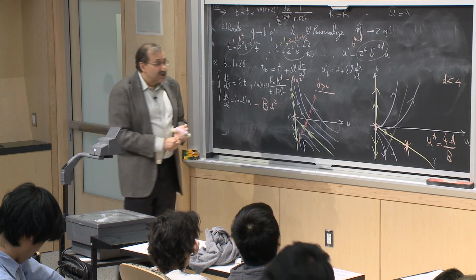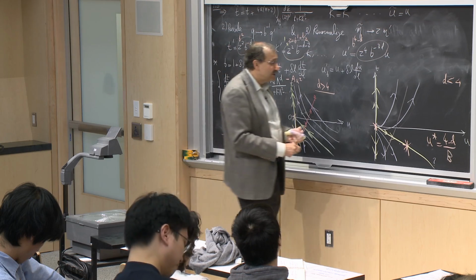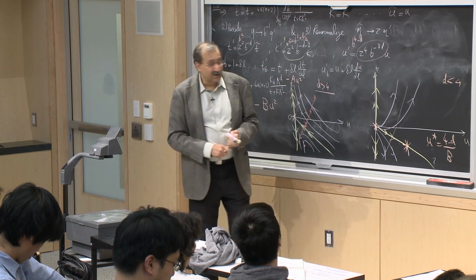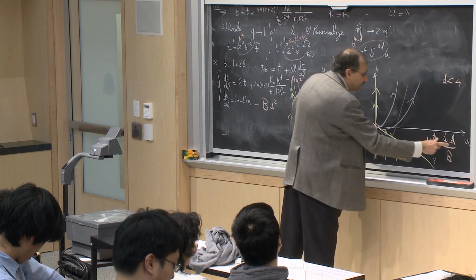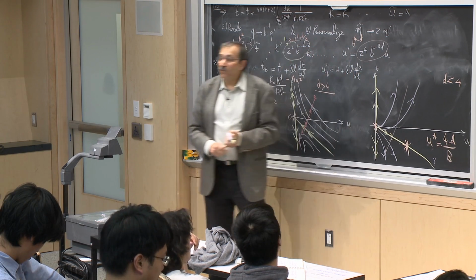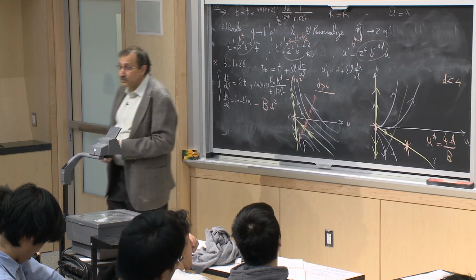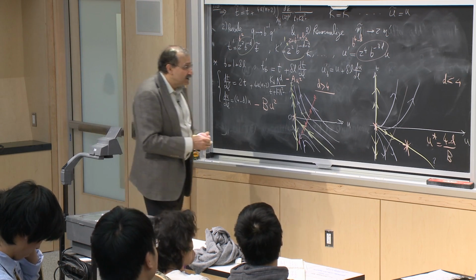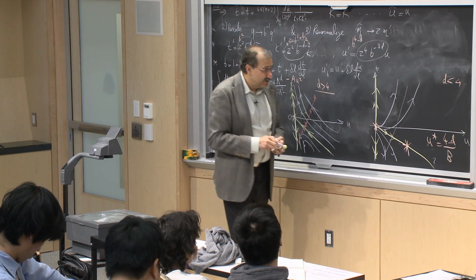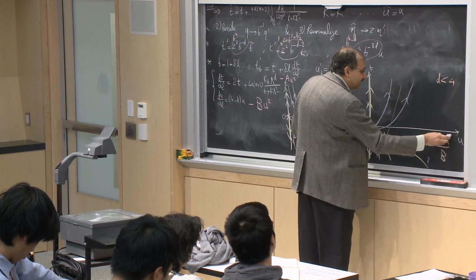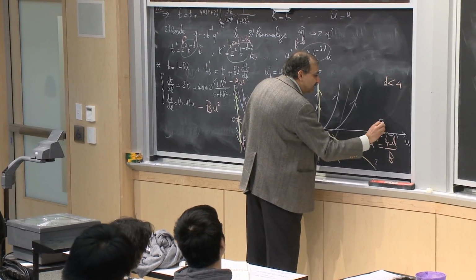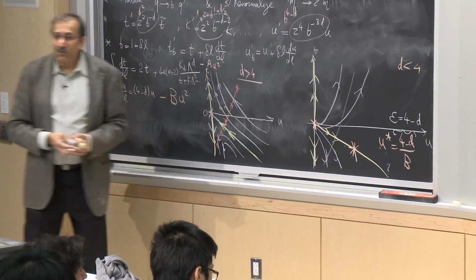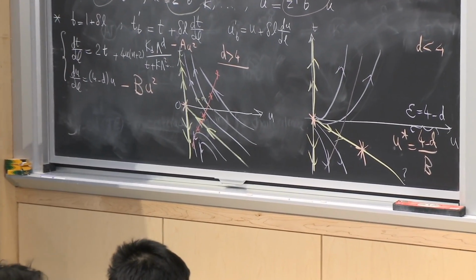So what knob do I have to ensure that this u star is a small parameter? Turns out that practically the only knob that I have is that this 4 minus d should be small. Okay? So I can only make this into a systematic theory by making it into an expansion in a small quantity, which is 4 minus d. Let's call that epsilon.